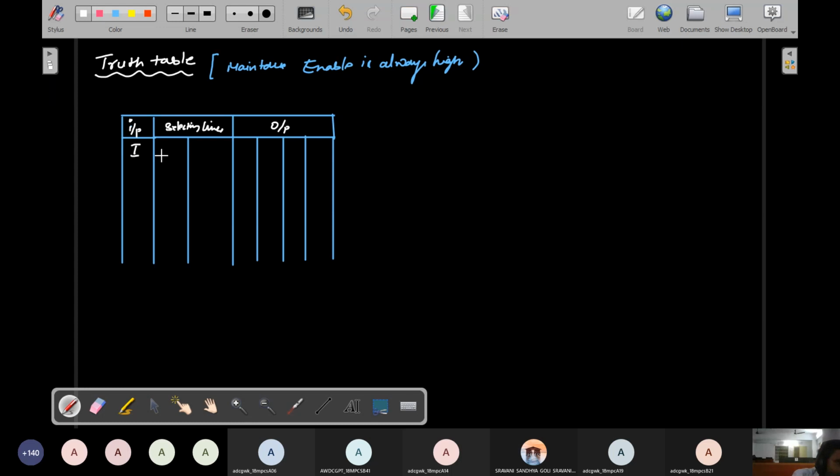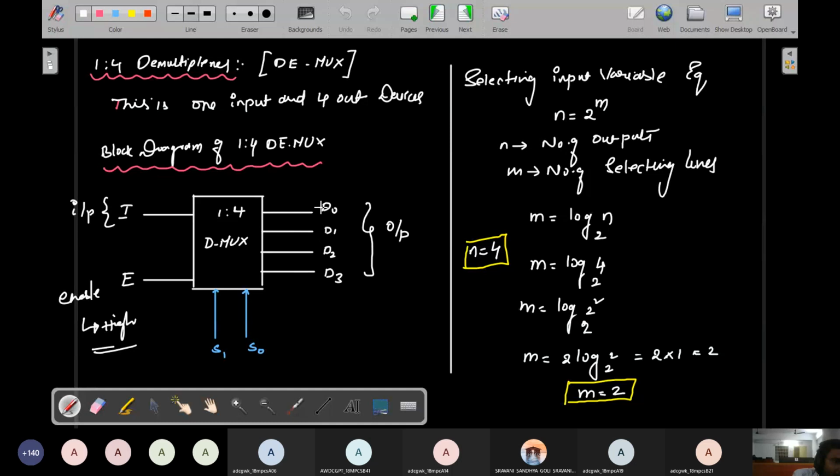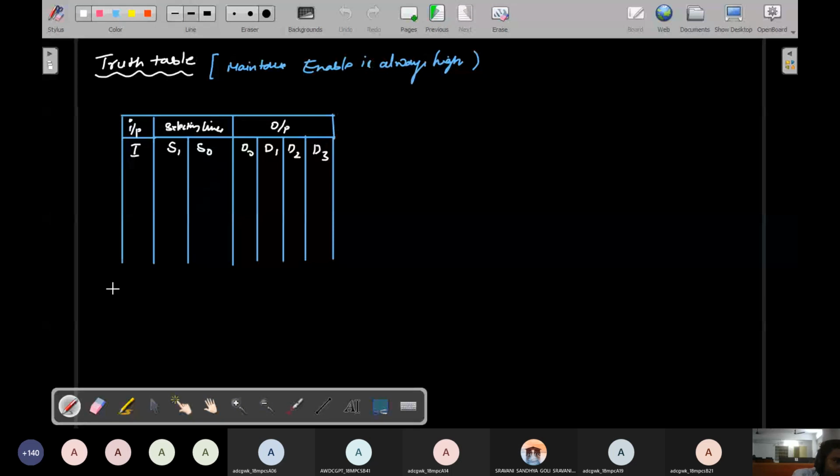I is the input terminal, S1 and S0 are the selecting lines, and D0, D1, D2, D3 are the output lines. Similarly I use this equation. This is the 4 outputs and this is the one single input. Enable is maintained at high condition always. So this is your final block diagram.